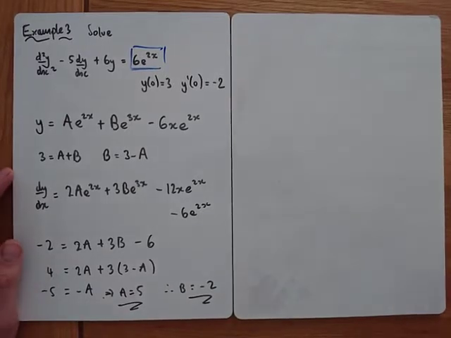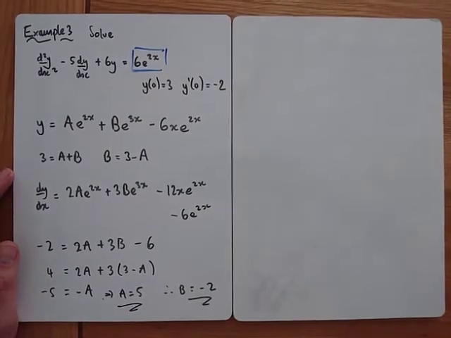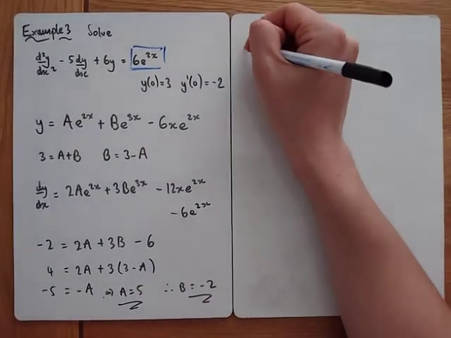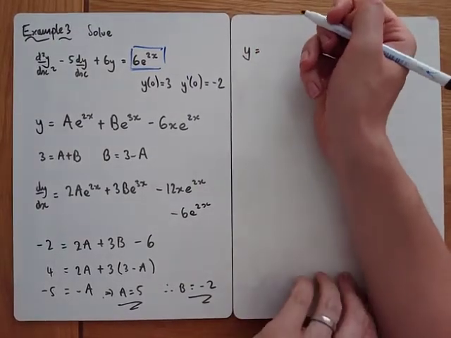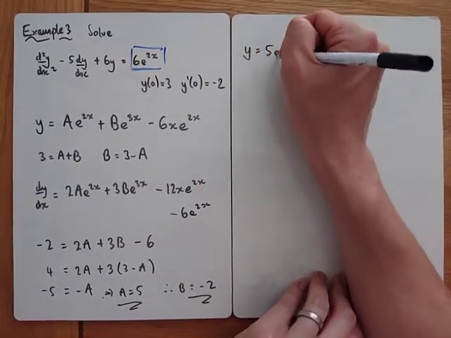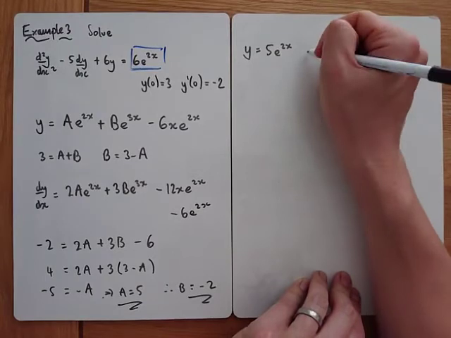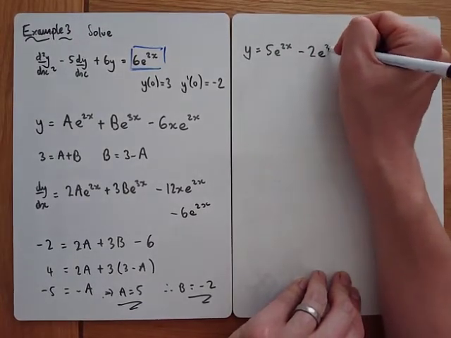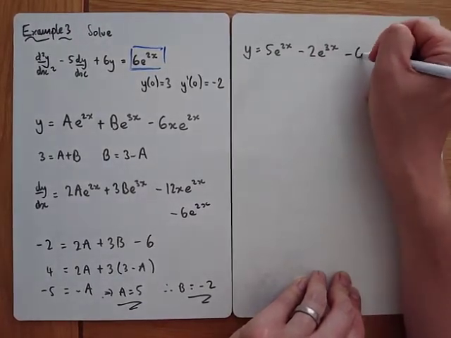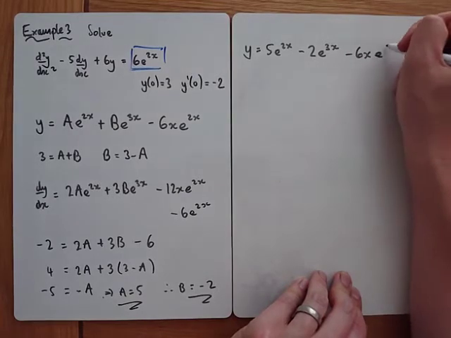Let me just check I've done that correct and we'll write the full solution. Yeah, so we'd get particular solution y equals 5e^(2x) minus 2e^(3x) minus 6x e^(2x).